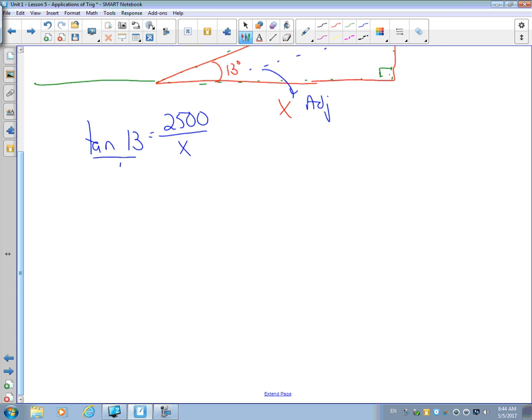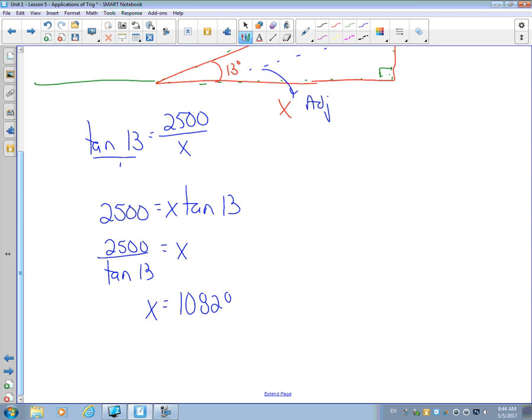So we cross multiply: 1 times 2,500 and x times the tan of 13. I'll get x by itself, so just divide out tan 13. Now if I use my calculator, I get an answer of 10,828 approximately. Got some decimals there too, 69.